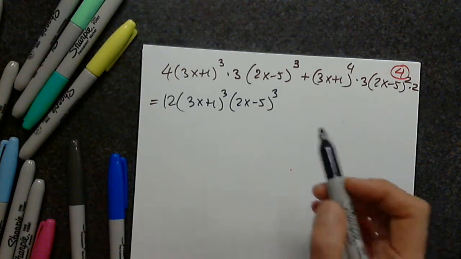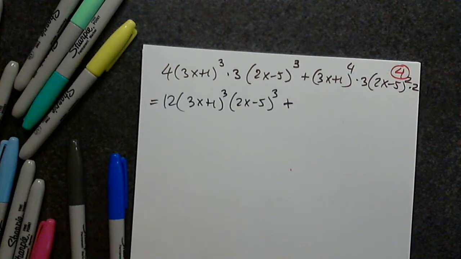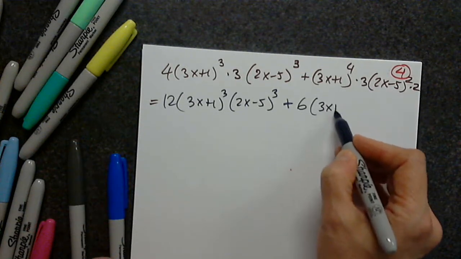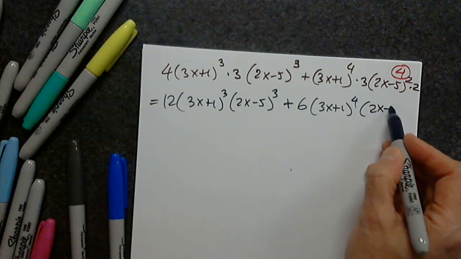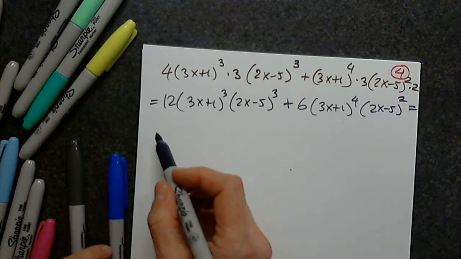Awesome. And then plus. Any questions, please? I'm not done right now. Plus. Yes. 3x plus 1 to the fourth and 2x minus 5 squared. Perfect.